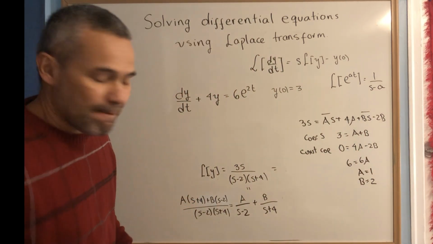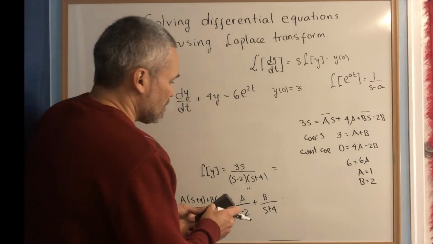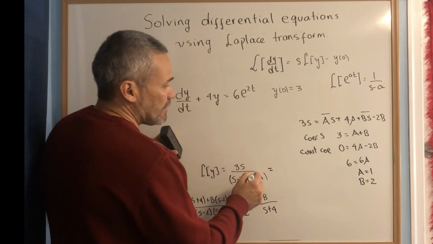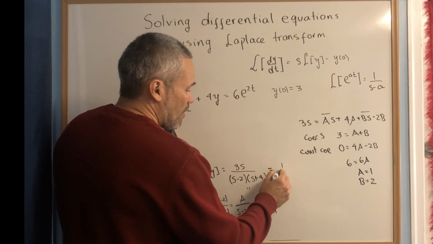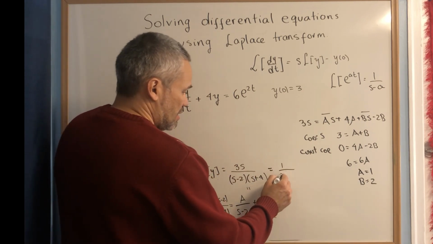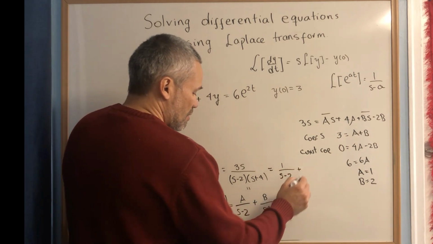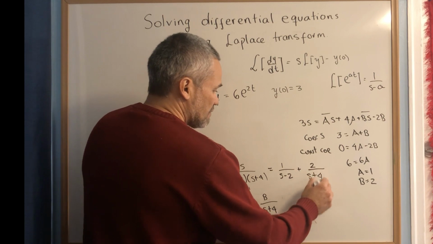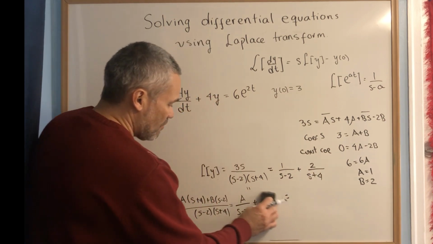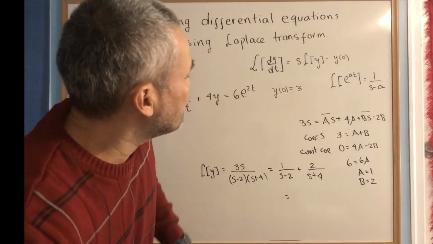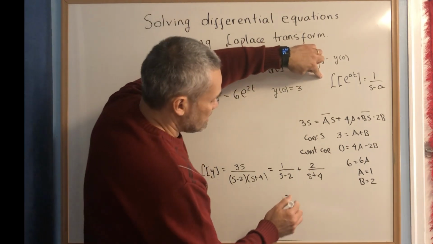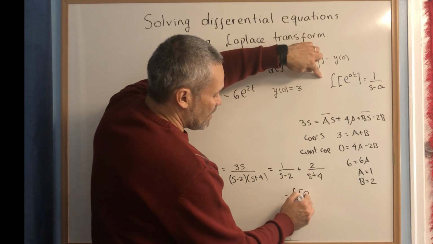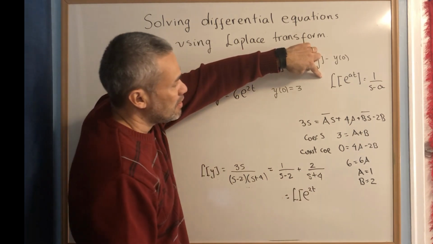That means that this expression, notice that essentially what we did is a rewriting. Instead of writing it like this, we can see it like 1 over s minus 2 plus 2 over s plus 4. And now we can use this formula. This is the Laplace transform of e to the 2t.